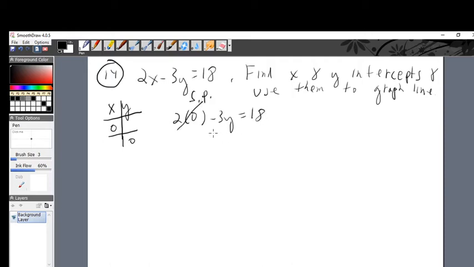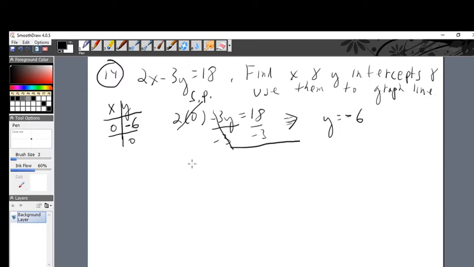Minus 3y is equal to 18. Divide by negative 3 on the left and divide by negative 3 on the right. And we get y is equal to 18 divided by negative 3, positive divided by negative is negative, so it's negative 6. Fill in the blank over here: if x is 0, then y is negative 6.